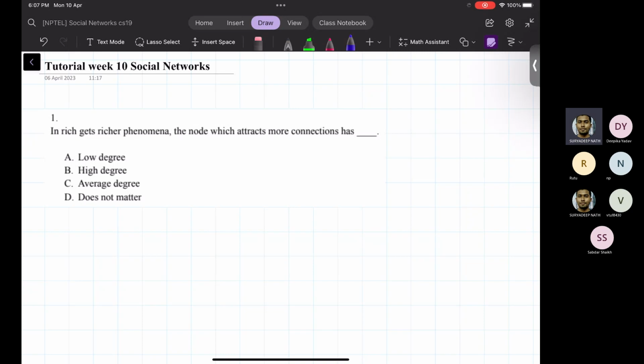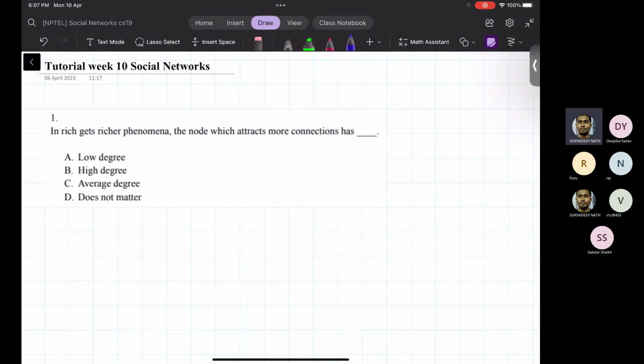Let us start with the first question. It says that in the rich gets richer phenomenon, the node which attracts more connections has, and you have four options: low degree, high degree, average degree, and does not matter.